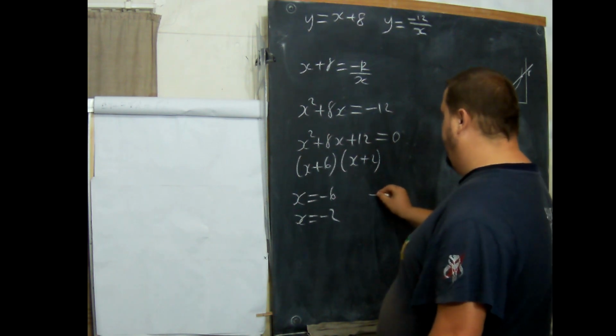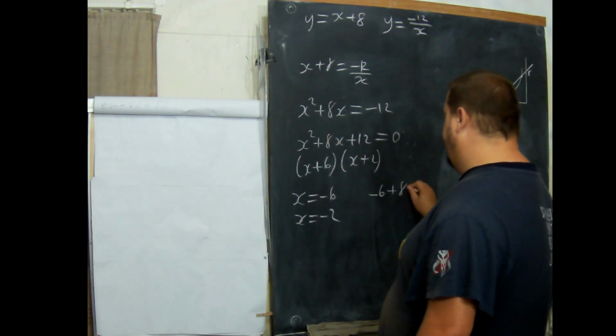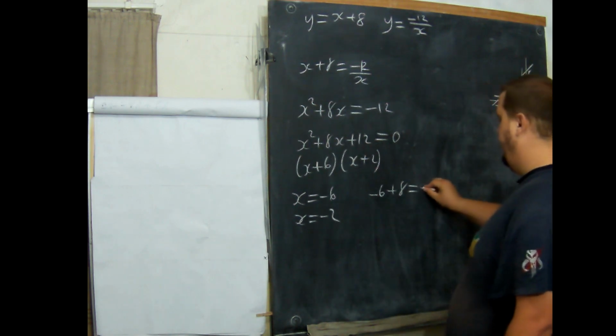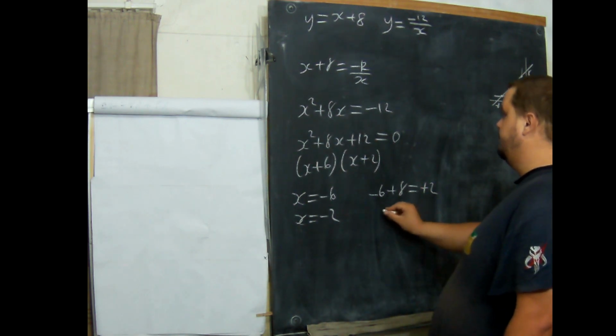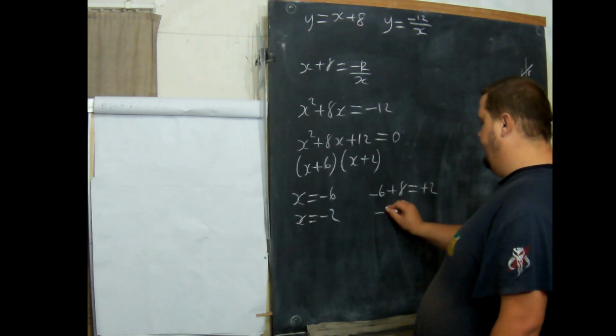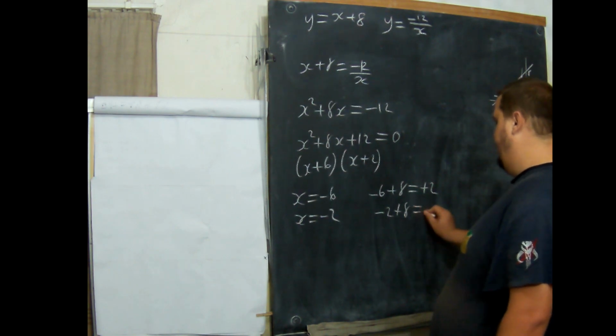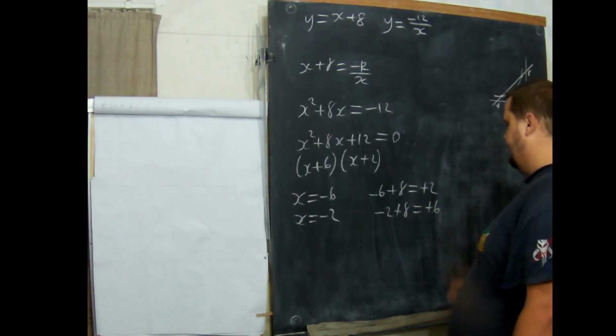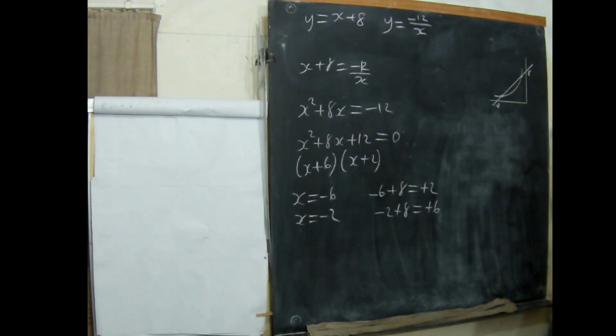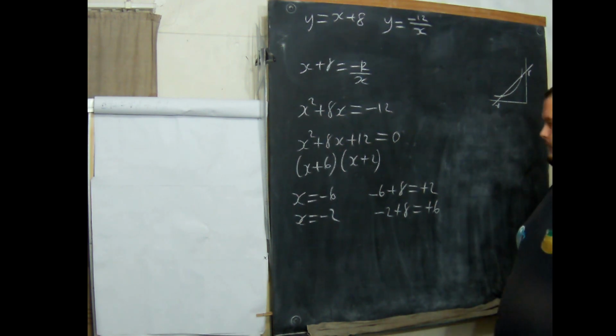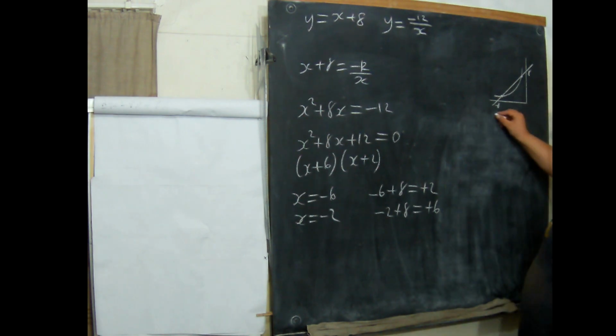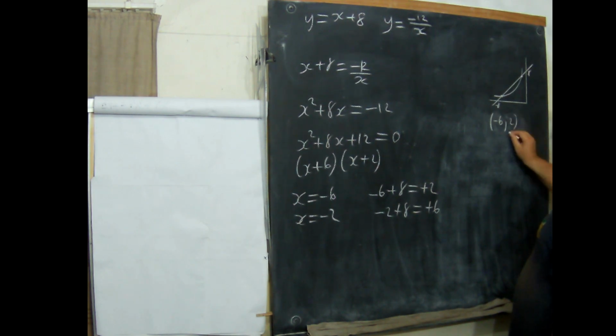So minus 6 plus 8 equals plus 2, and then minus 2 plus 8 equals plus 6. So our coordinates for our intercepts are minus 6 and 2, and minus 2 and 6.